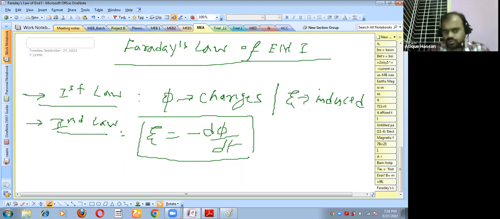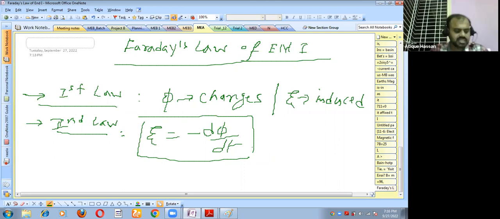So Faraday gave two laws. First, he says whenever there is a change in magnetic flux associated with the coil, then EMF is induced. And in the second law, he has given the expression for induced EMF, that is E is equal to minus d phi by dt.